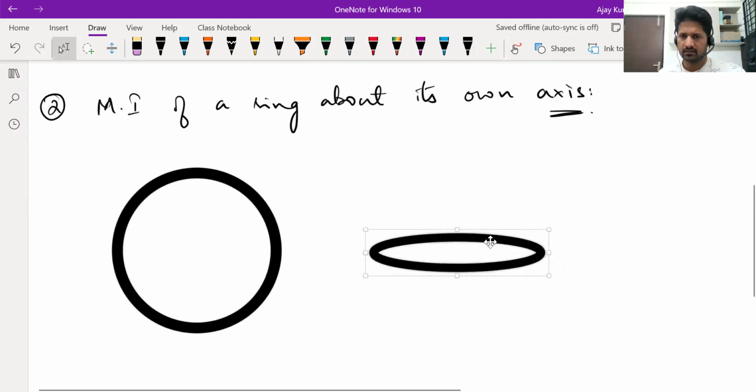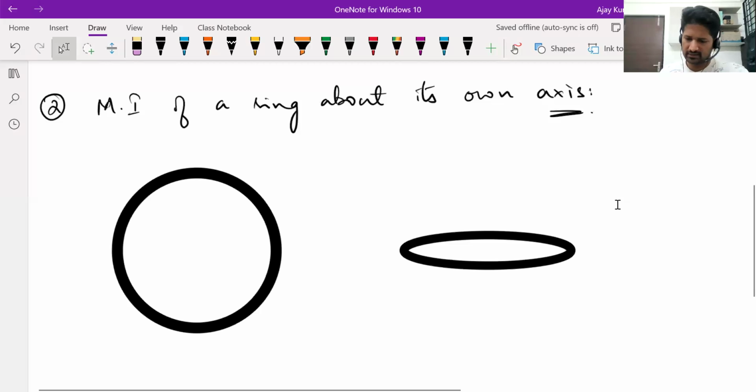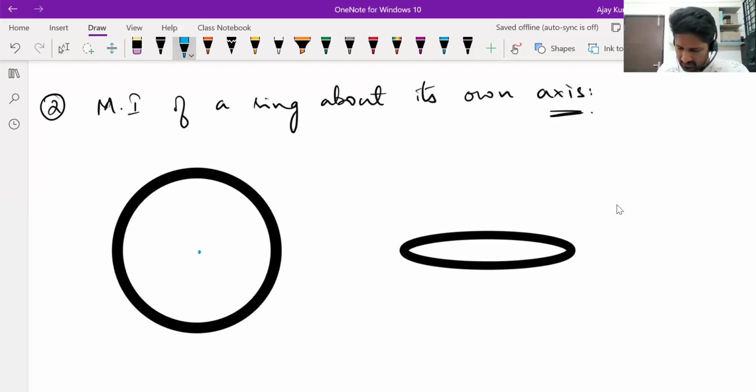Now, every circle has a center. If you imagine an axis passing through the center, perpendicular to the plane of the ring, that line is called the own axis of the ring. It should be perpendicular to the plane of the ring, passing through its center.